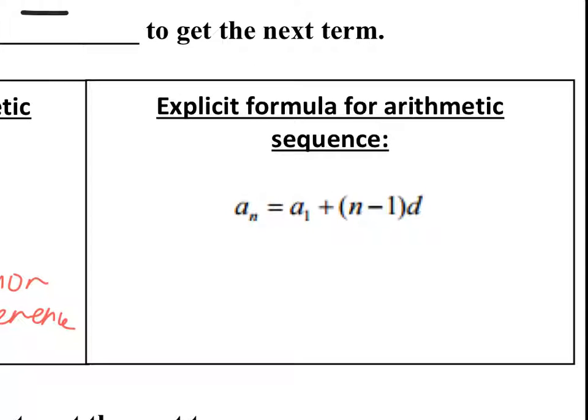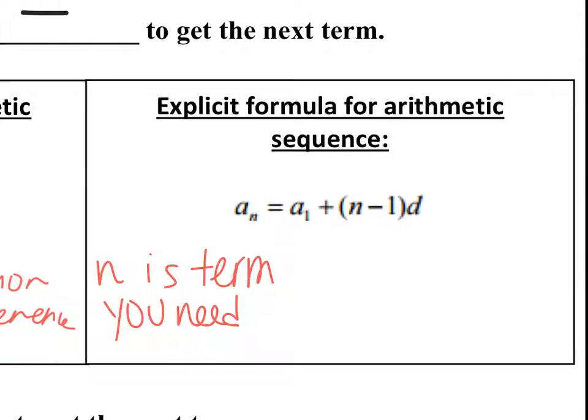Explicit is better. Again, N is the term you need. A1 is the first term. D, common difference. Again, this is the one we like the most.